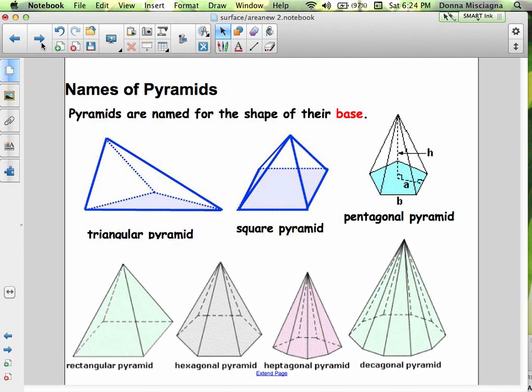The decagonal pyramid, the base has 10 sides. The heptagonal pyramid, the base has 7 sides. Hexagonal, base has 6 sides. Pentagonal, base has 5 sides. Regardless of what shape the base is, the sides are always triangles.